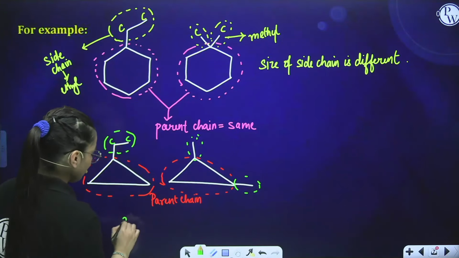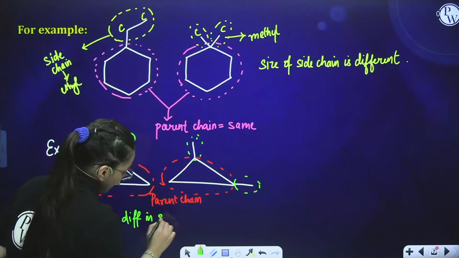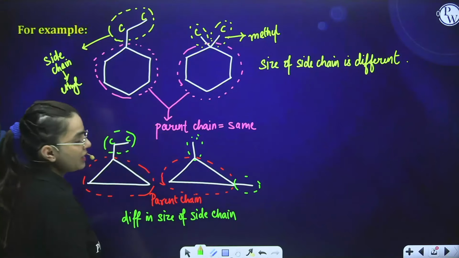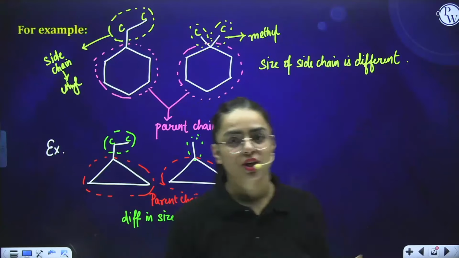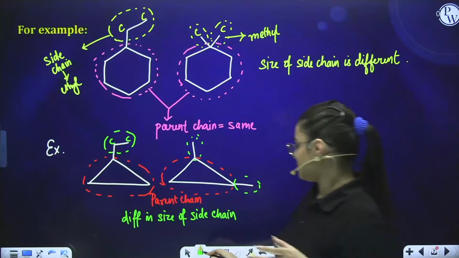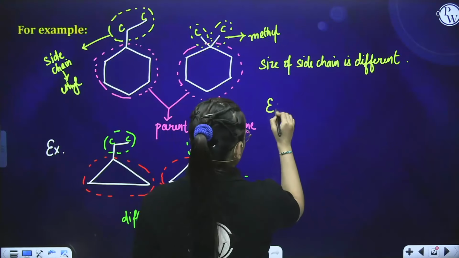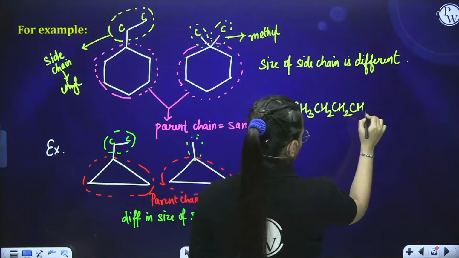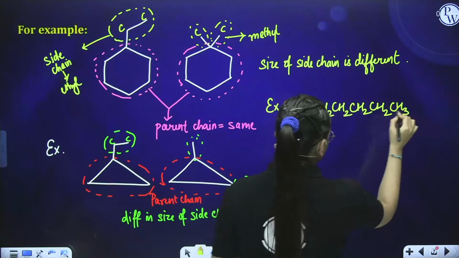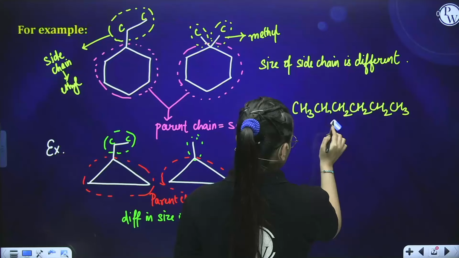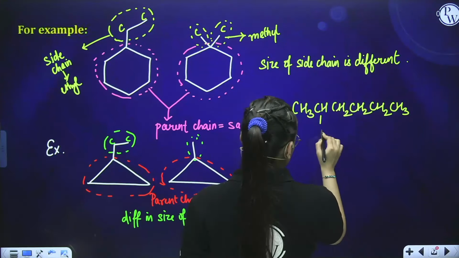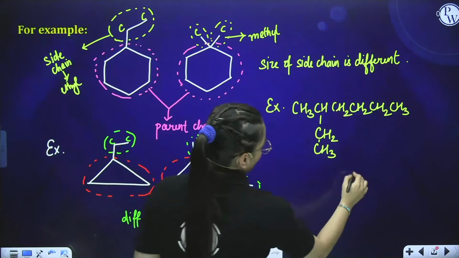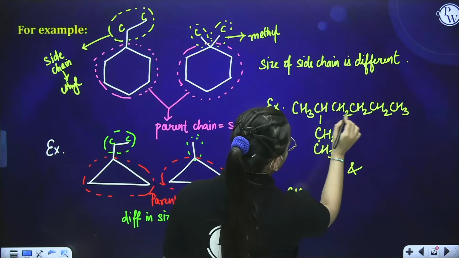So here there is a difference in the size of the side chain. Now are you getting my point, what is the difference in the side chain or the difference in the parent chain? Now let us take one more example. 3, 4, 5, 6.